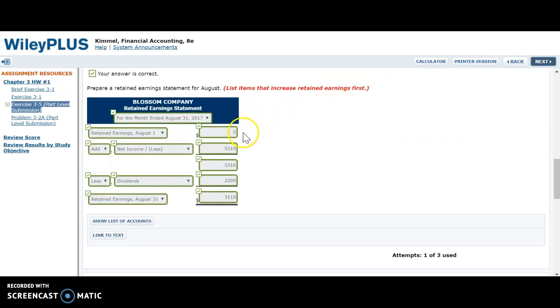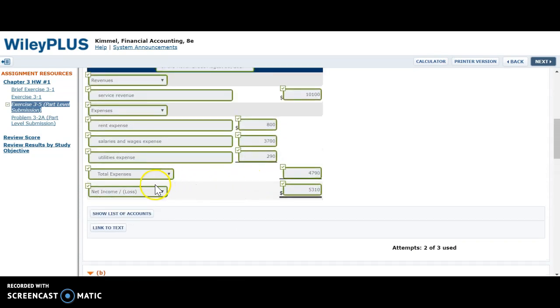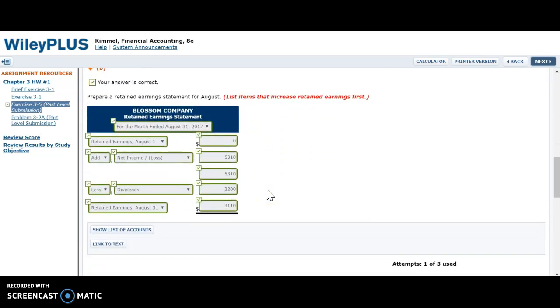So we just put 0 here. There was a net income, so we're going to add that in here. And remember, we found that in part A, net income $5,310. Plug that in here. Add the two together, 0 plus 5,310, and we end up with $5,310.